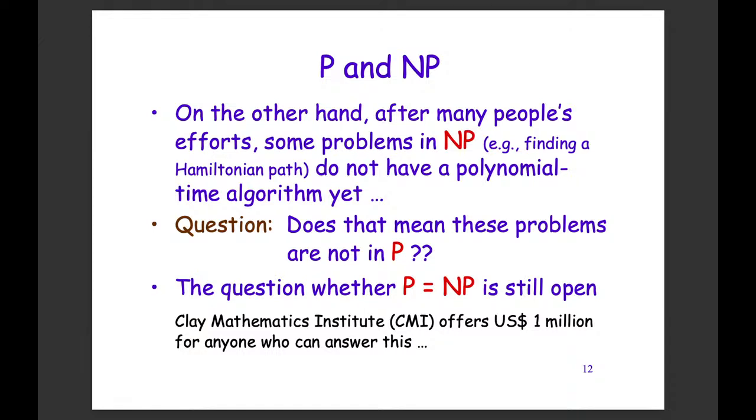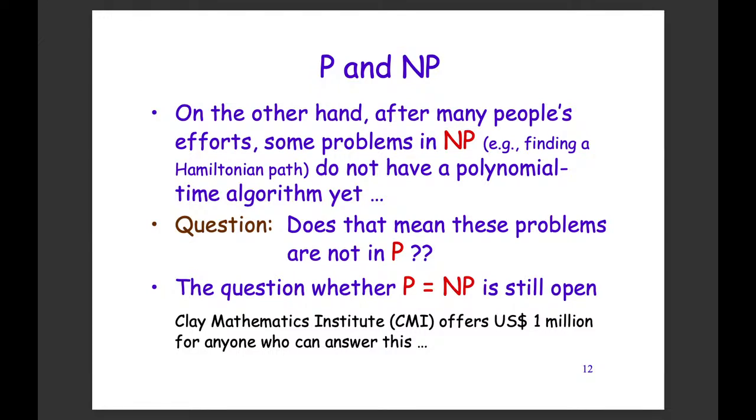But somehow, it looks like there are some parts of the NP problems that are really hard. So all the problems of P are polynomial time solvable, but somehow some problems in NP, they are really hard.